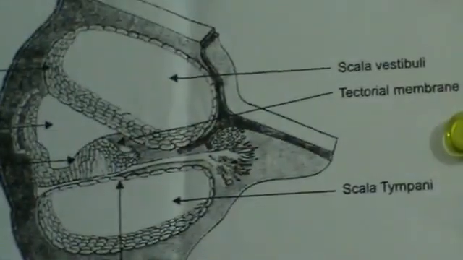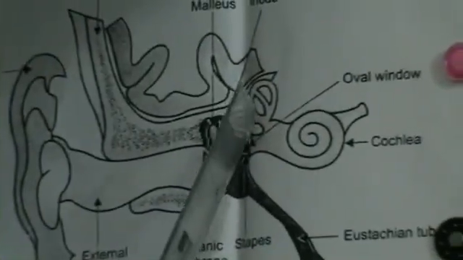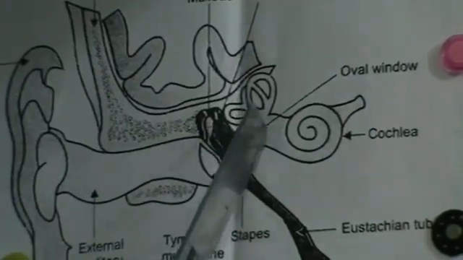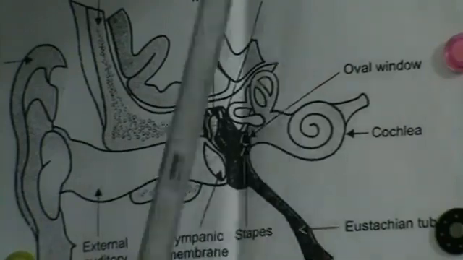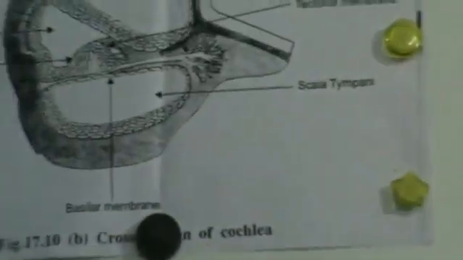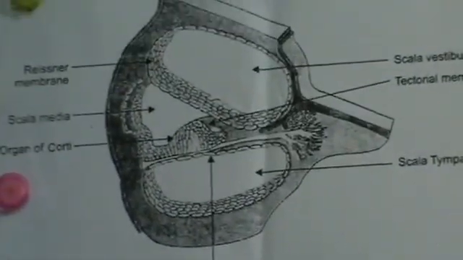We have this diagram here of scala vestibule. Here's your scala vestibule, right? So let's see this: from the external ear, auditory canal, eardrum, ear ossicles, fenestra vestibule, from fenestra vestibule into the perilymph, from perilymph into the scala vestibule. That's your entire path of sound. Fine, do we get this clear?